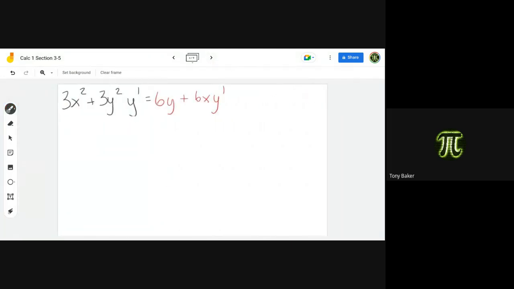So the next thing we have to do is solve for y prime. So how do you want to go about getting that together? We want to get that by itself.